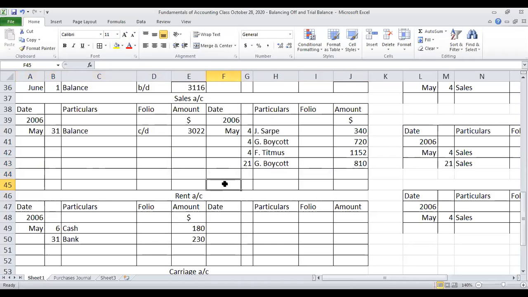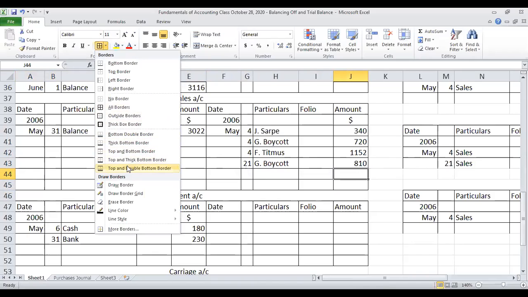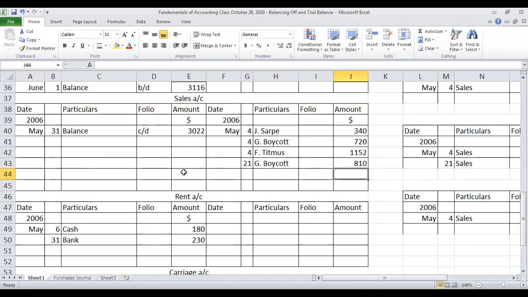All right, now we're going to put in our single and double line. We'll be doing the same thing, following me at the same time. So you put the totals of 3,022 in this case, totals on a level, and then put in a balance BD down below on your credit side.